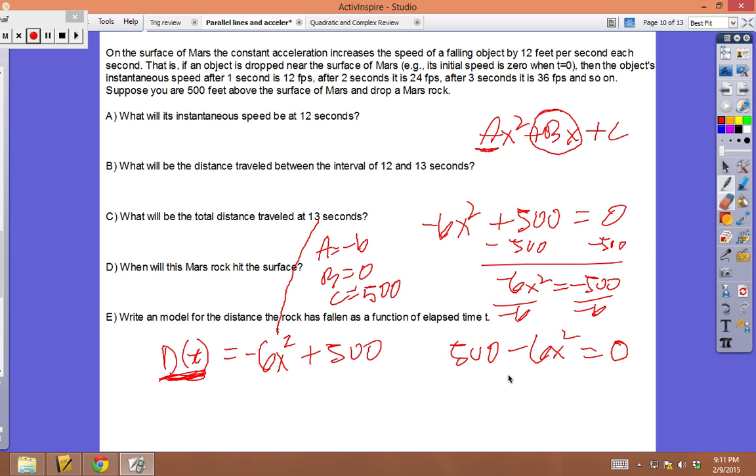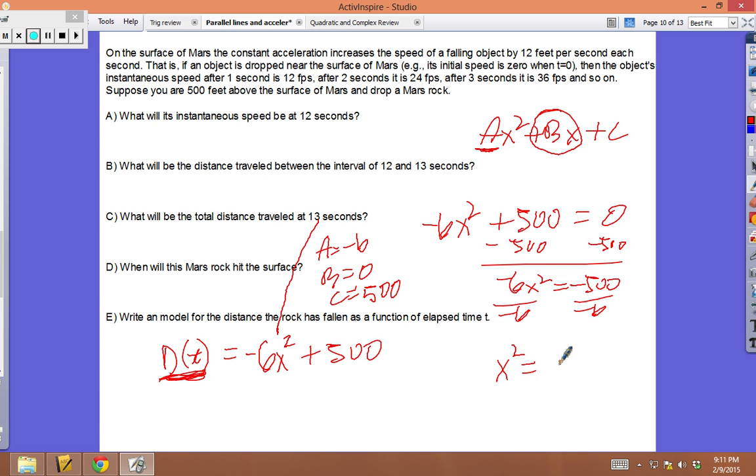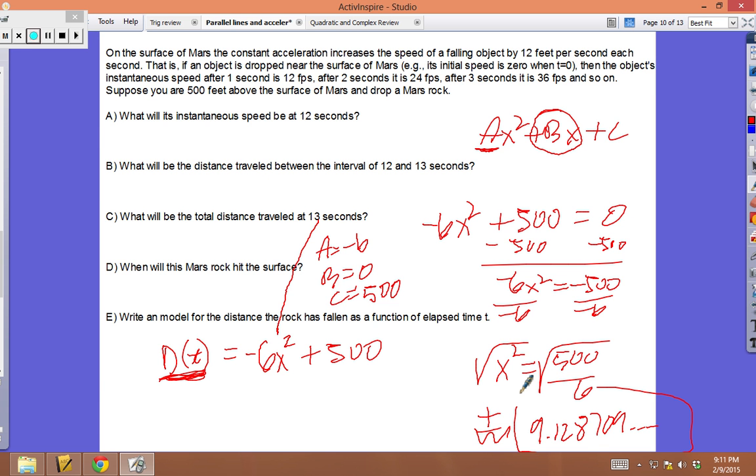So you've got x squared equals, a negative divided by a negative is a positive, 500 divided by 6, and then undo the square with the square root. So your answer is going to be plus or minus the square root of 500 divided by 6. Hit enter, and I'm going to ignore the minus, I just want the plus, at 9.128709 and so on seconds. So that is exactly the moment when it's going to hit the surface of Mars.